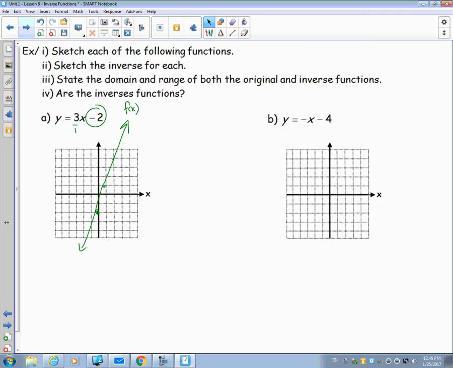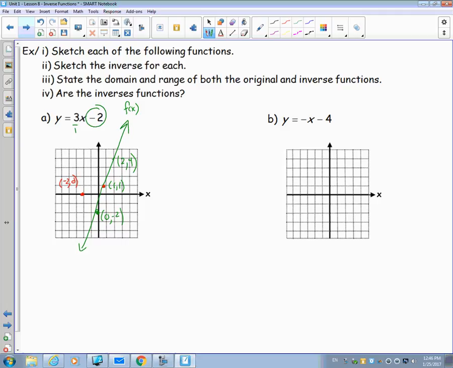So if I'm going to do the inverse, I kind of need to know some coordinates. So for example, (1, 1), and (2, 4). And if I want to get some more, so I got (0, -2). The inverse, I'm going to swap my coordinates. So (0, -2) becomes (-2, 0). (1, 1), that's still (1, 1).